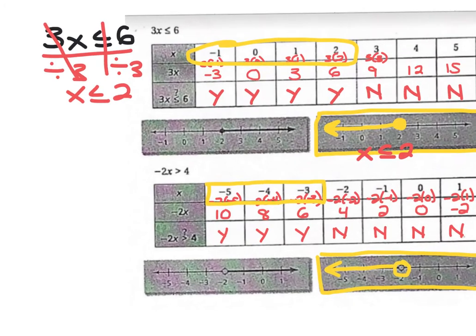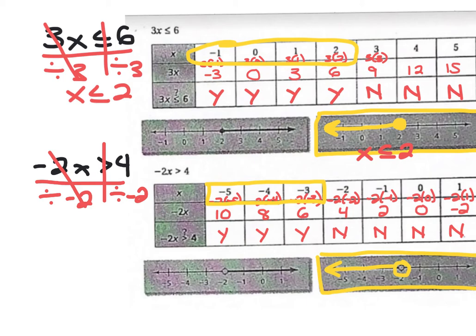So now let's take a look at solving this similar to how we would an equation. To isolate the variable, again, to undo multiplication, we would divide both sides by -2. And that's going to leave me with x is greater than -2. Well, wait a minute.